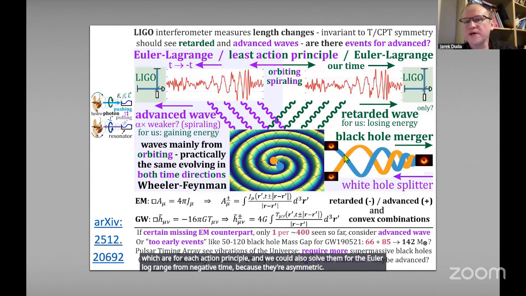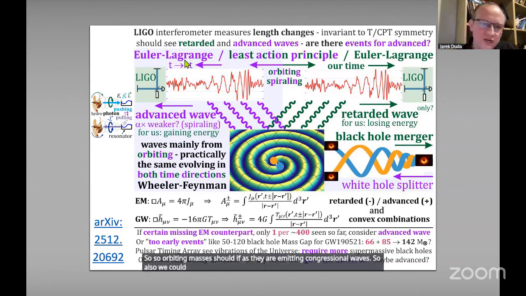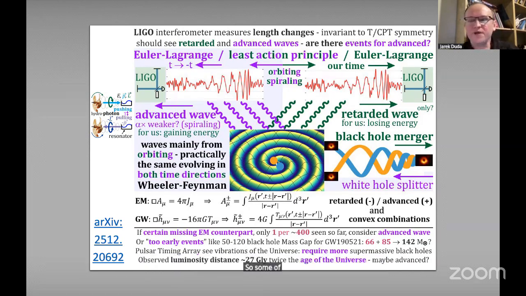So orbiting masses, as they are emitting gravitational waves, should also emit gravitational waves when we use Euler-Lagrange back in time. So some of the events observed might be advanced. We should test it and show that they are retarded, not just assume it as they currently do.